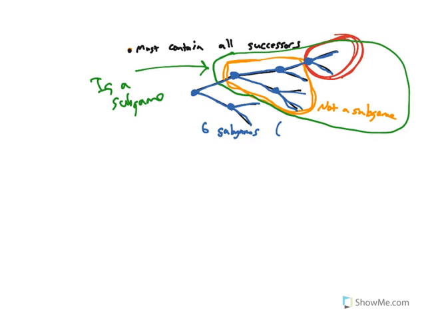In perfect info games, all non-terminal nodes initiate a subgame.